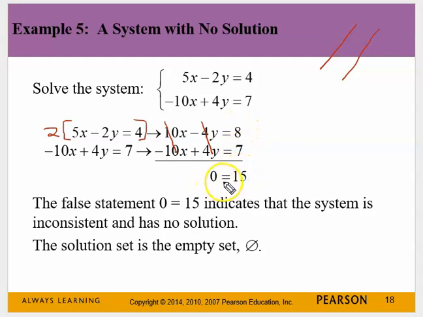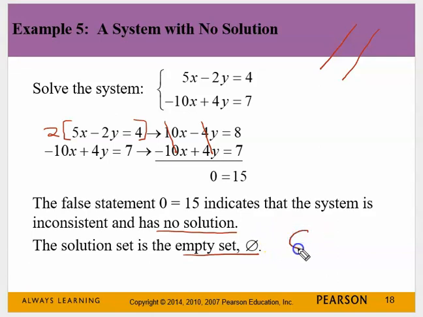Now, does 0 equal 15? No, that's false. So when you do something like this, and your answer is an untrue statement, then that indicates there is no intersection, in a sense, no solution. And going back to sets, it is an empty set.